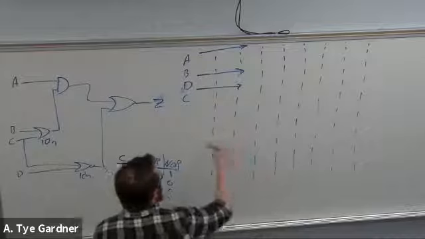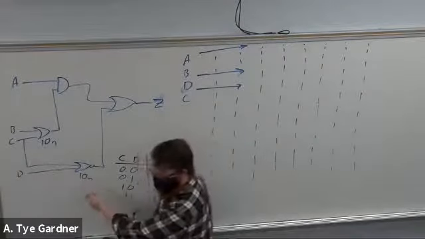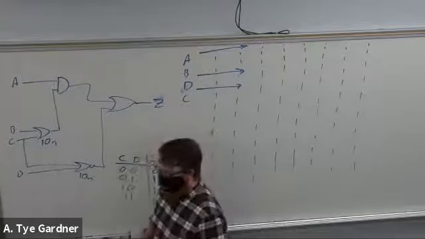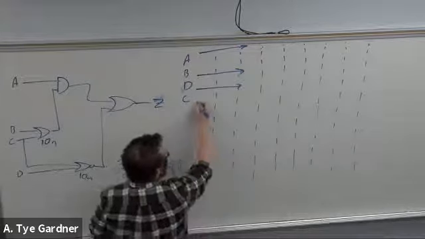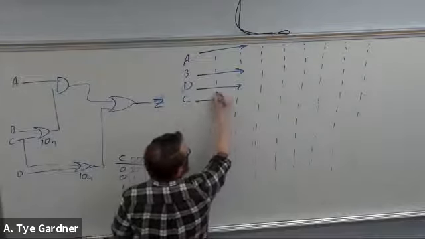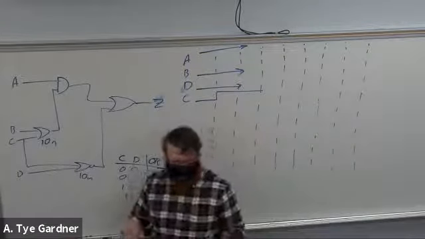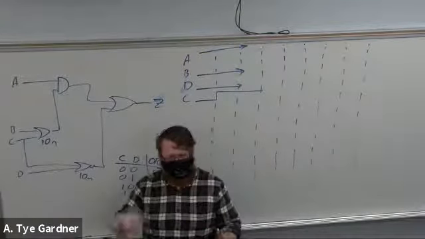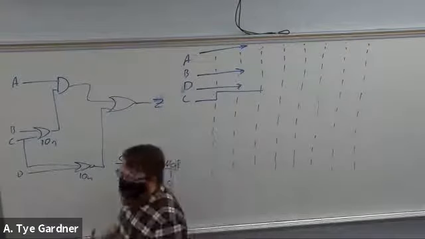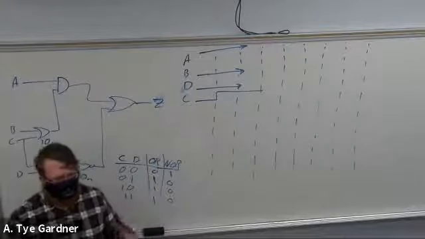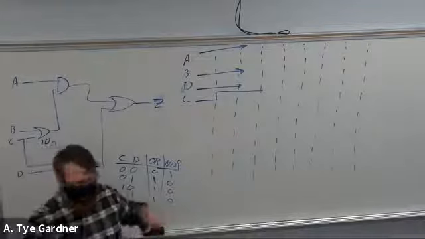But regardless, all you have to do is really find out, you have to prime the circuit and find out what is Z. Well, we have to pick something for C. So let's go with C going from 0 to 1. And then I'm going to give it enough space so that the circuit can resolve before I go from 1 back to 0. Right? Because it's going to happen one way or the other. Either it's going to trigger going from 0 to 1 or 1 to 0.